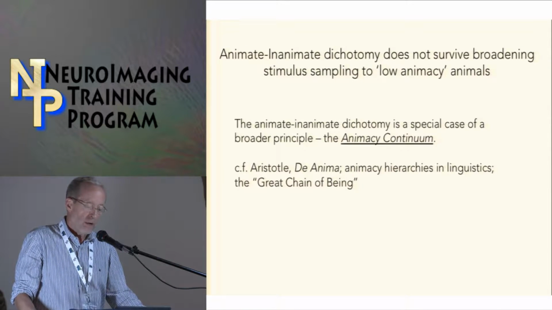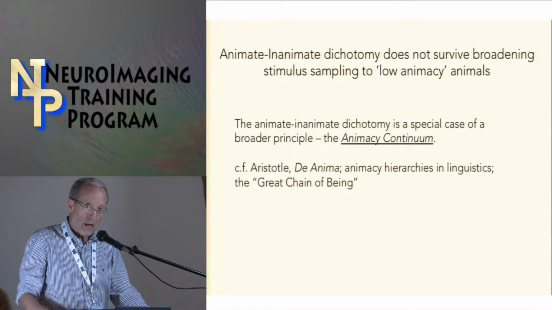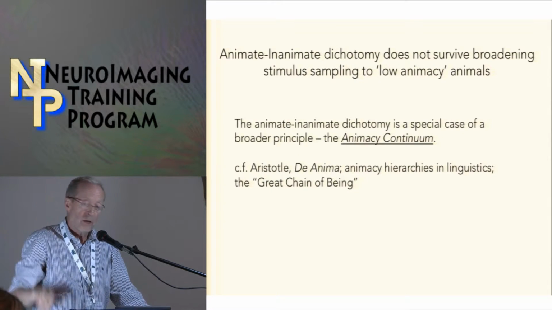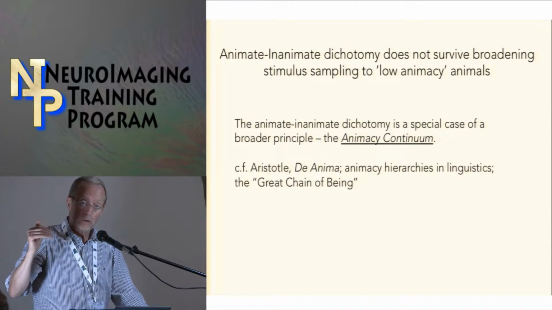And the animacy continuum actually has a very deep intellectual history. Aristotle, in his treatise on the soul, talks about an animacy continuum, starting with low-level things like clams, and then proceeding upwards to humans, but then humans are superseded by the gods. And actually, animacy hierarchies play a role in linguistics, too. So people use different grammatical forms in many languages for things that are high animacy versus low animacy.